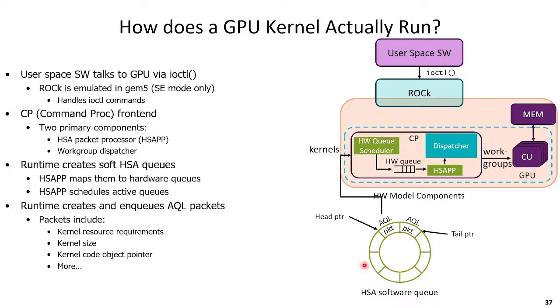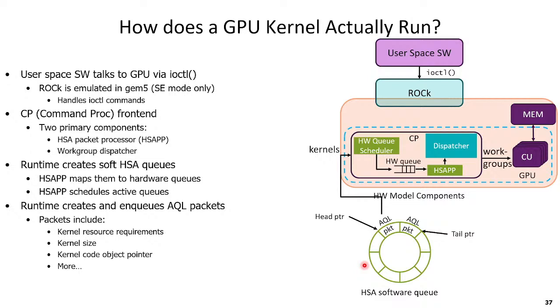It decodes the packet in its hardware queue scheduler and schedules the work by putting it on a hardware queue, which is its way of saying, here's some work that we then want to send to the compute units. The dispatcher's job is to inspect those hardware queues, pick the next piece of work, and send it off to the compute units, shown in purple here.